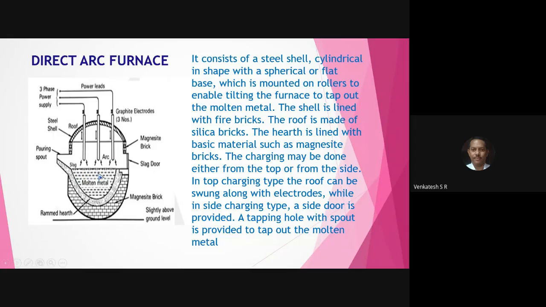Usually the metal scrap, iron ore, tungsten, chromium, molybdenum, nickel, phosphorus, copper, and other alloying elements are placed inside the container of the arc furnace, and the power supply is switched on. The arc is established between the metal present in the container and the electrode.